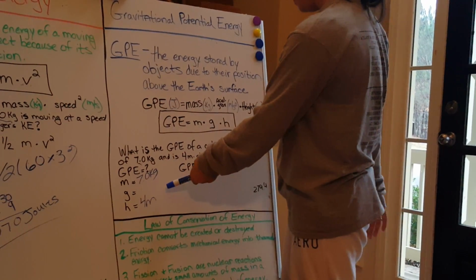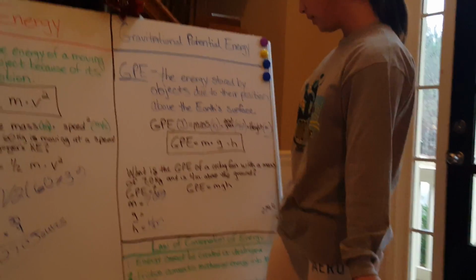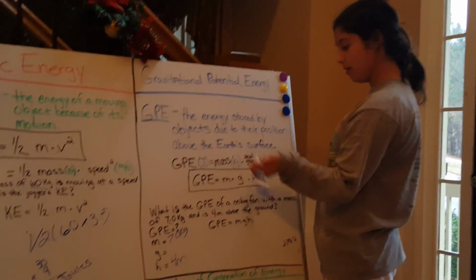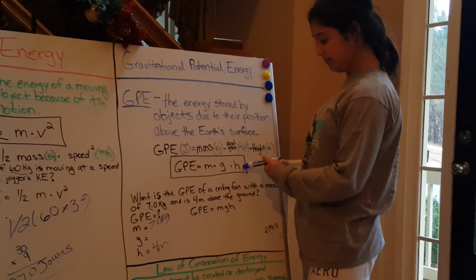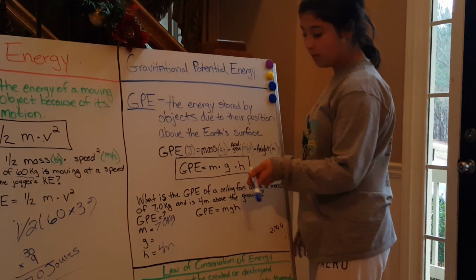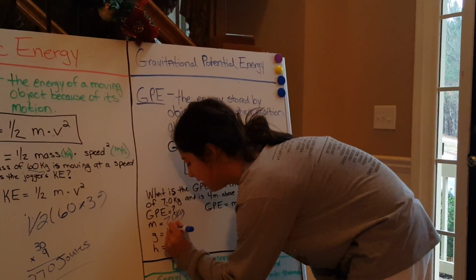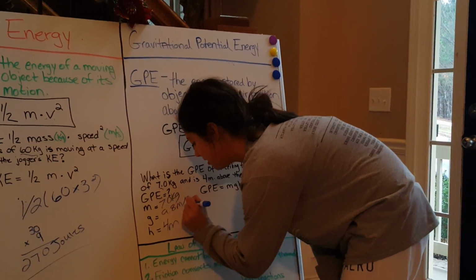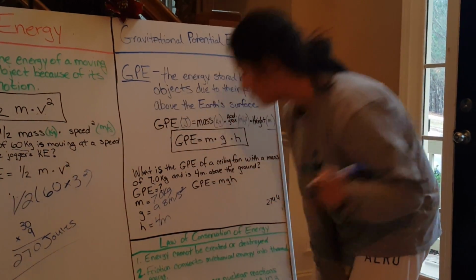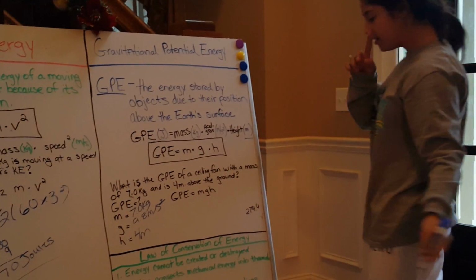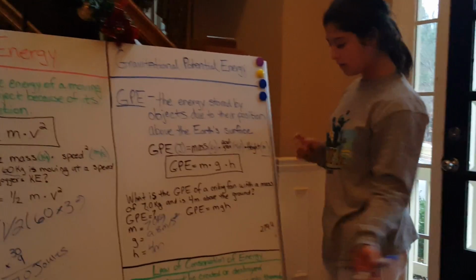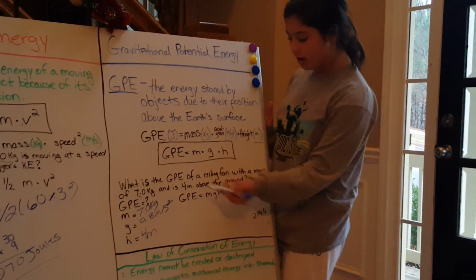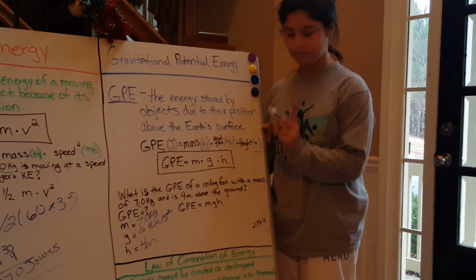What's G? There's no G in there. It doesn't say. Well, if we look up here, that is your gravity, which is always going to equal 9.8 meters per second squared. So in the problem it does not tell you your gravity.